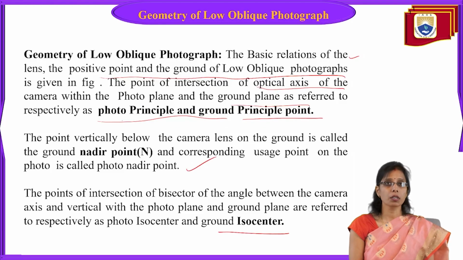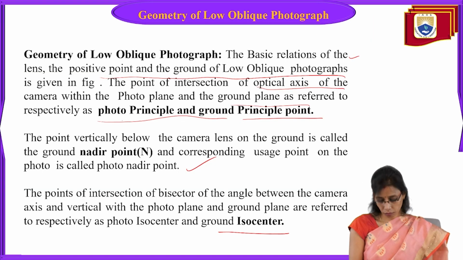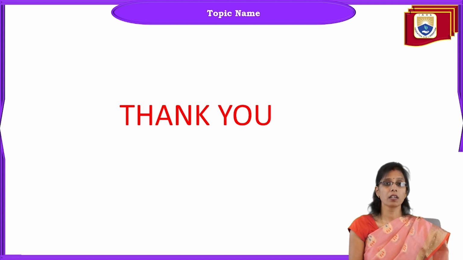So this was about the geometry of the vertical photograph and the low and high oblique photographs. I hope you understood how the geometry of the vertical photograph and the oblique photograph looks. Always remember that for a vertical photograph, the nadir point and the principal point are the same. They will match, exactly beneath the camera.